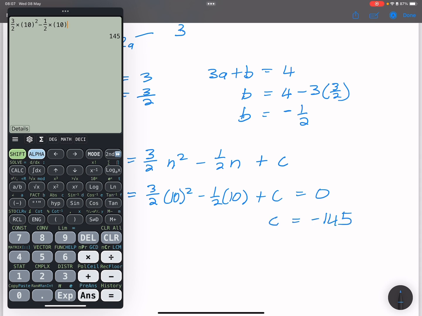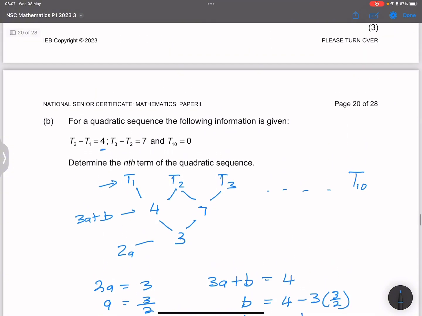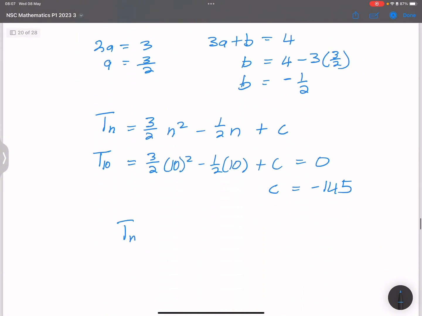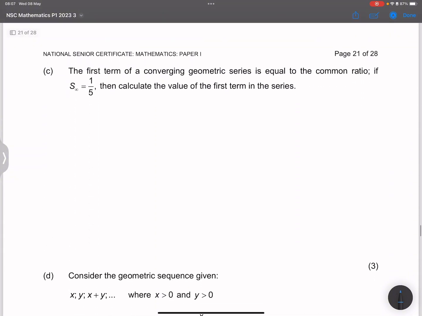That's our c value. So we wanted the nth term of the quadratic sequence. That would be Tn equals 3 over 2 n squared minus 1 over 2 n minus 145. All right, let's go to the next question.